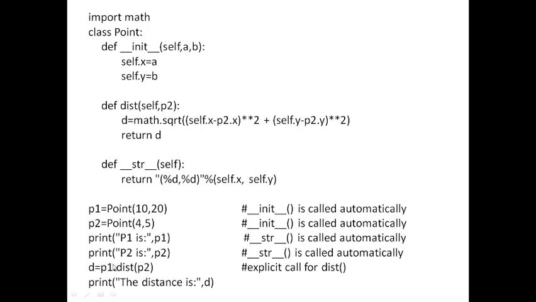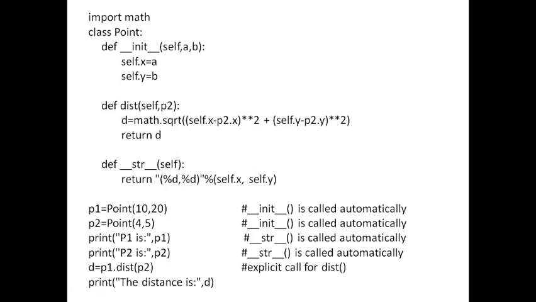This p1 is the invoking object, so p1 is passed to self, and p2 is passed to p2. That is why, when we are taking the values of p1 here, we have taken it as self.x and self.y, not p1.x and p1.y. It is nothing but the invoking object.